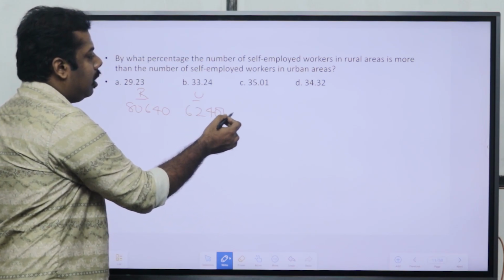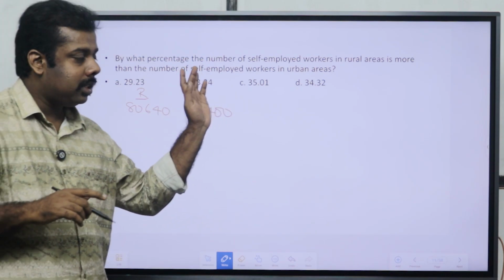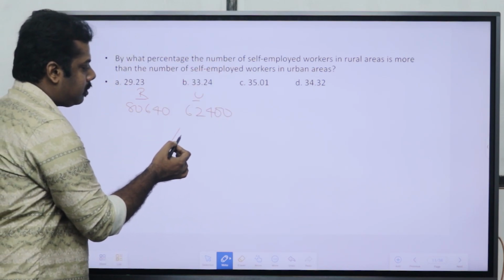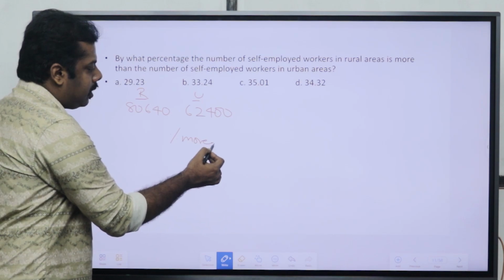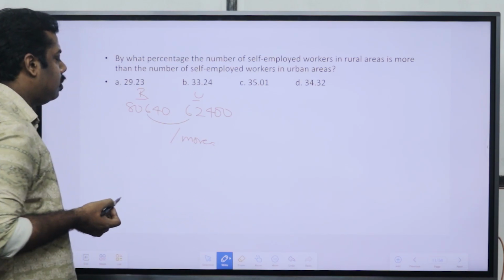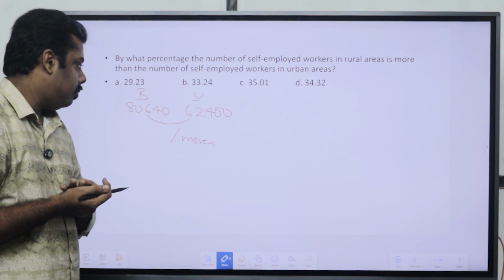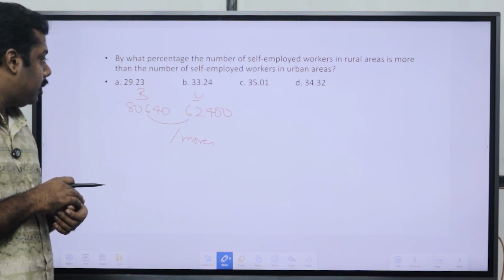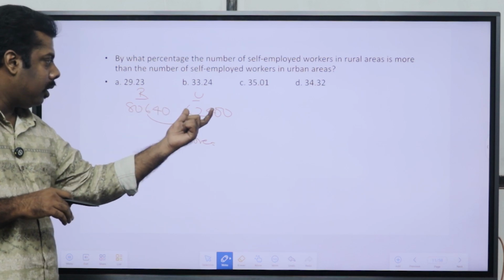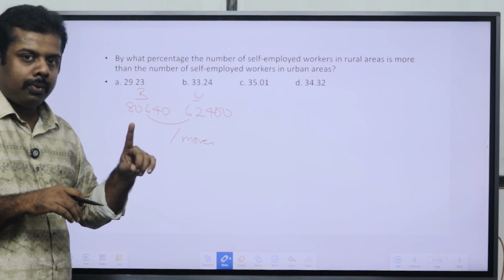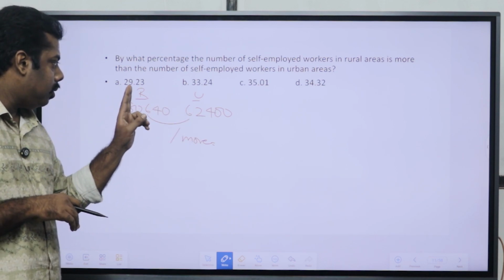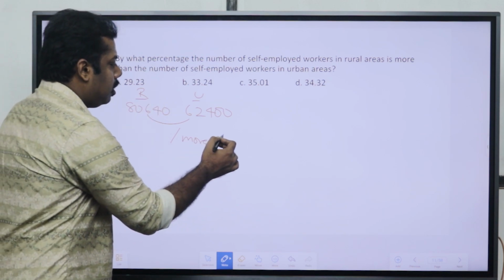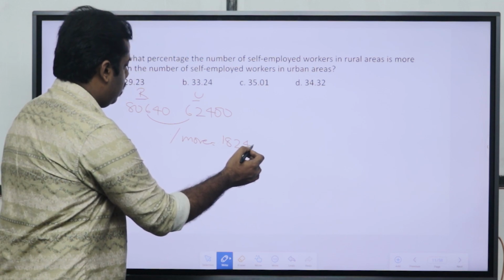We had discussed this percentage more concept in the last passage. What was the formula? Percentage more: first take the difference of the two values. 80,640 minus 62,400 gives 18,240.